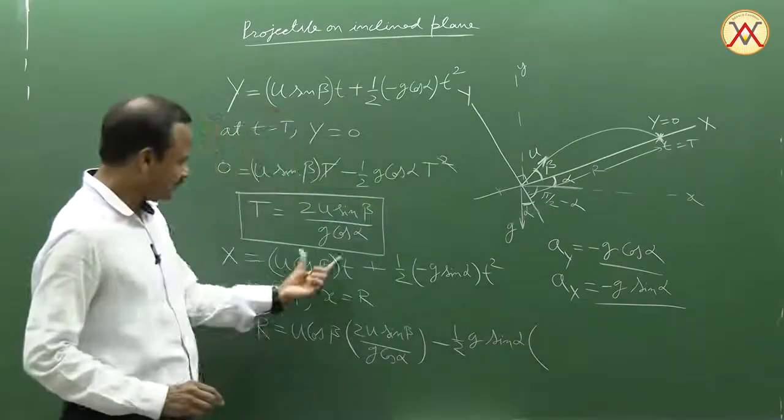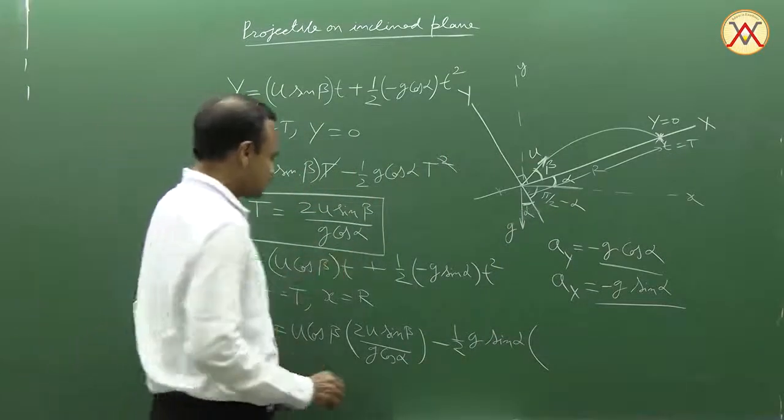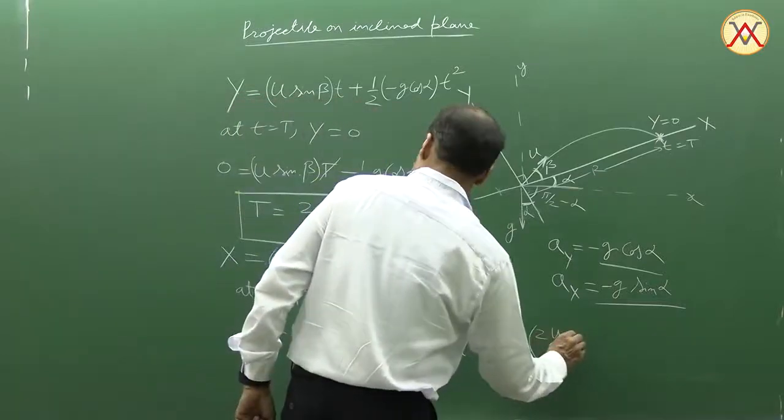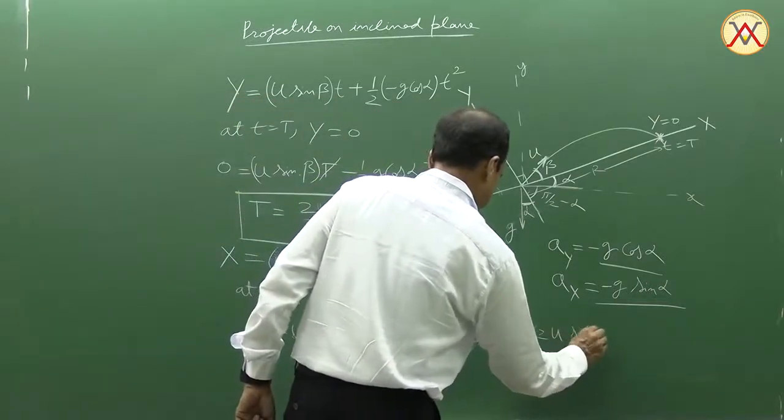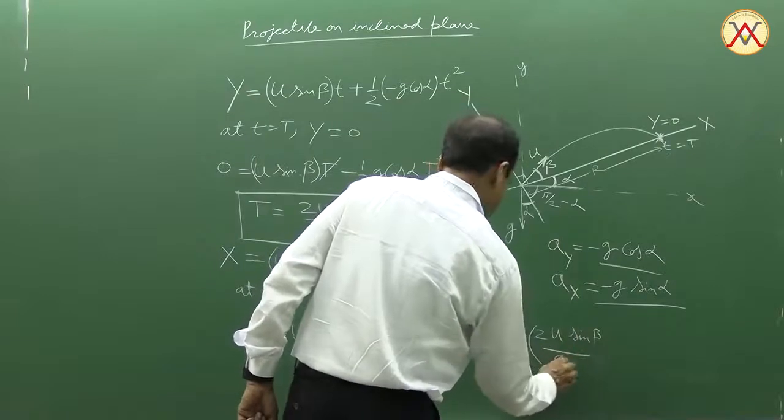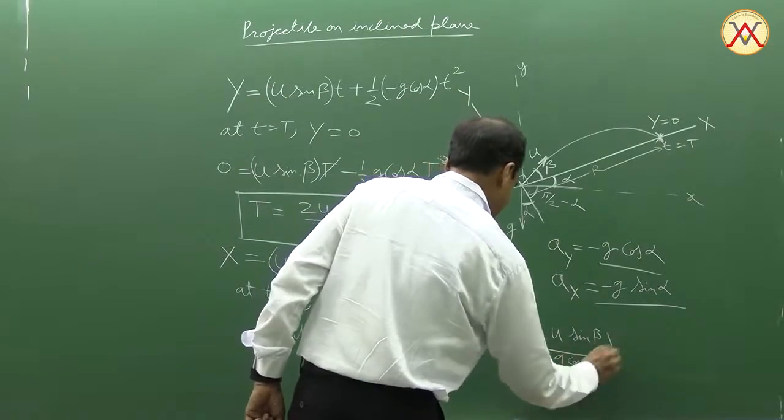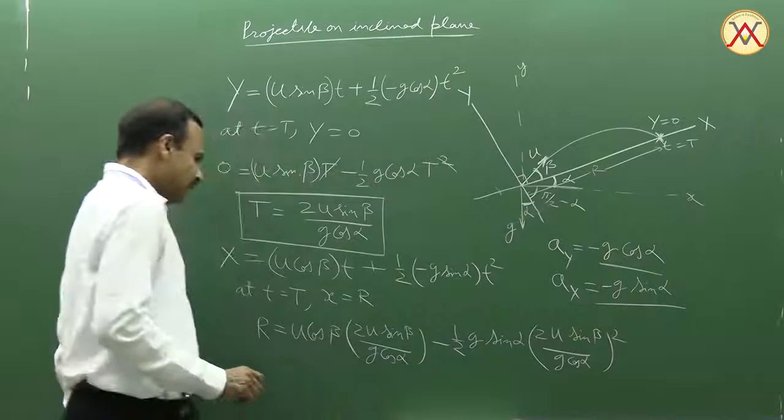So capital T squared means square of this, so this will be 2u sin beta upon g cos alpha, whole square.